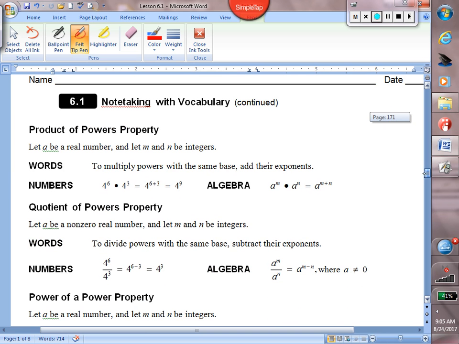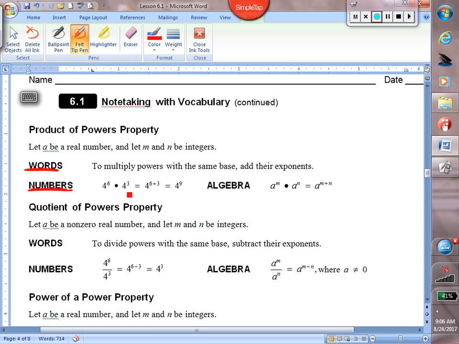On page 171, you're going to find all the different properties: the property in words, the properties where you have numerical bases, and the properties where you have variable bases and exponents. The first property we went through is when we're multiplying 4 to the 6th times 4 to the 3rd.